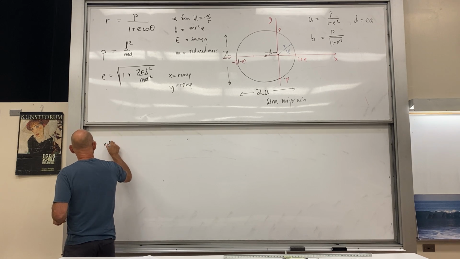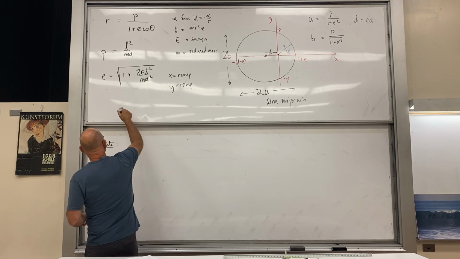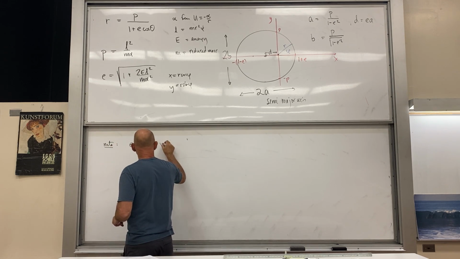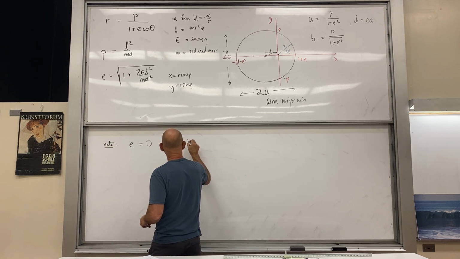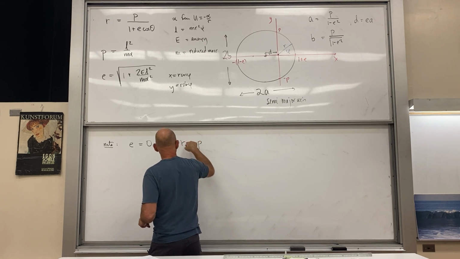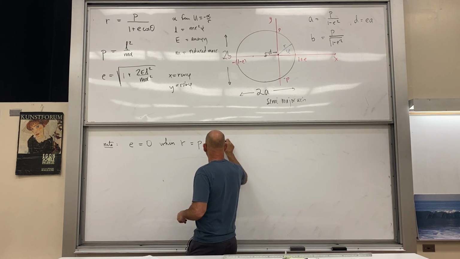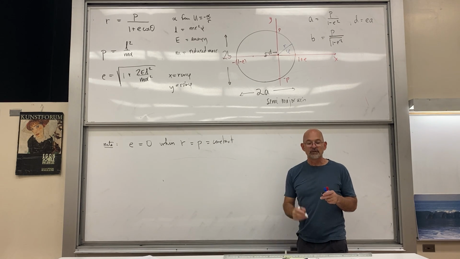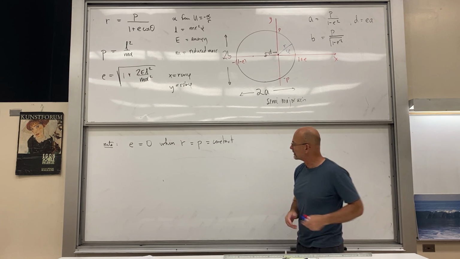We have E equals 0 when r equals P, which is constant. So the eccentricity equaling 0 is, of course, the circular orbit. That's a circular orbit.